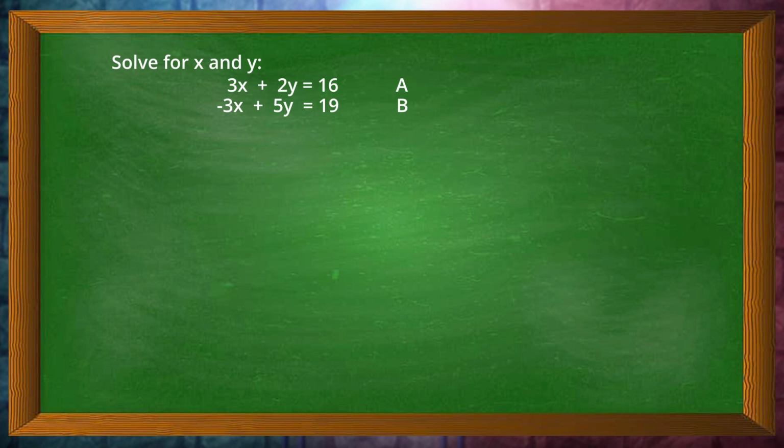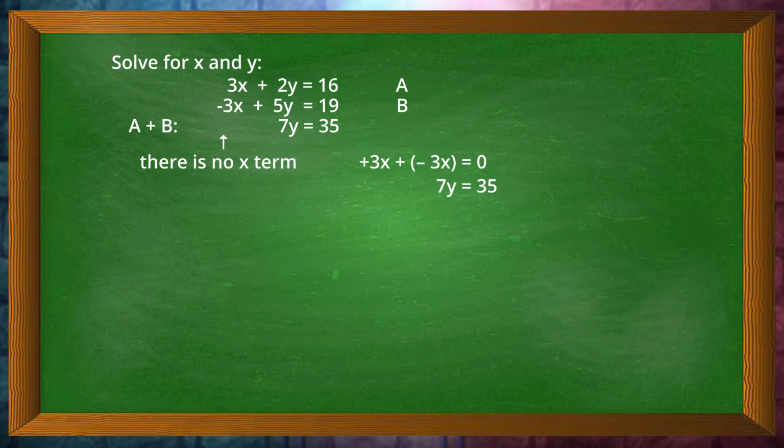In this case, it is the x terms which are additive inverses. When positive 3x and negative 3x are added together, the answer will be 0. The x terms have been eliminated from the equation, leaving only the y term of 7y and the number 35.